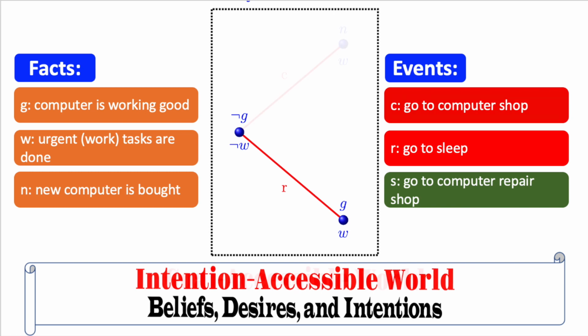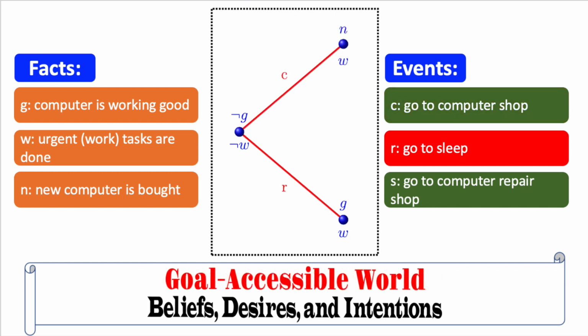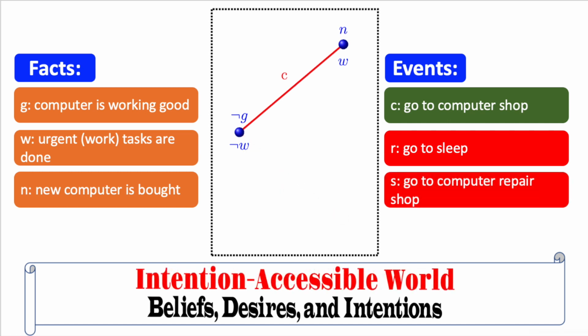For example, if the goal is to have the urgent task or work finished, then there are two goals as shown on the screen. Both options would get things done. If we have the resources like money, enough to buy a new computer, and we commit this money, our intention-accessible world will look like the one shown on the screen. The result is that we have a new computer that can be used to get the urgent task or work finished.